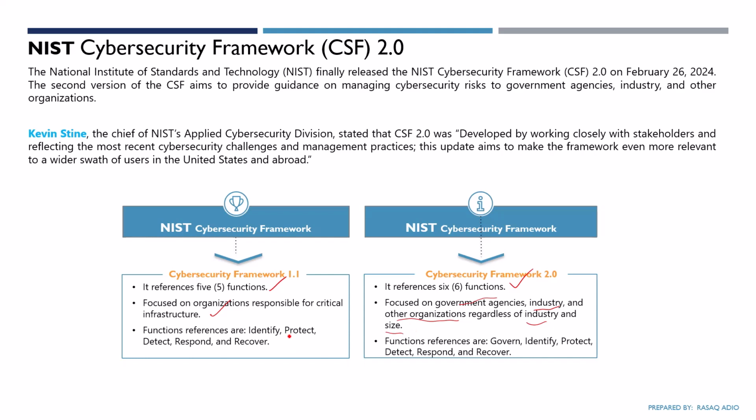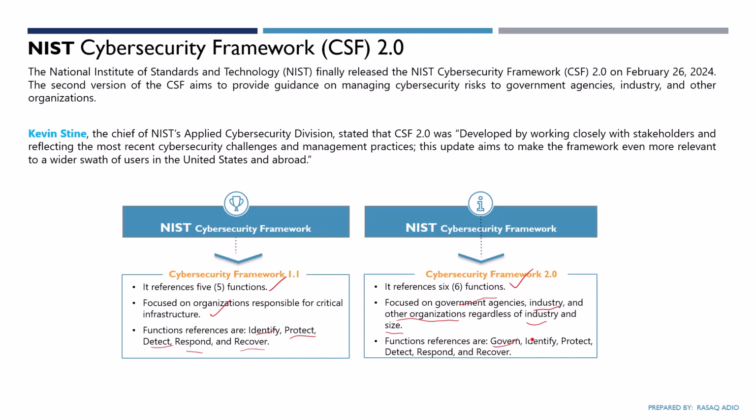The other major difference is in the functions. In the previous version, we have identify, protect, detect, respond, and recover. But this current version has an addition to it, which is govern.